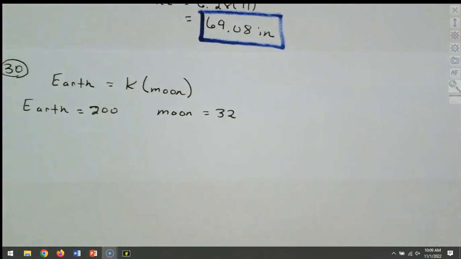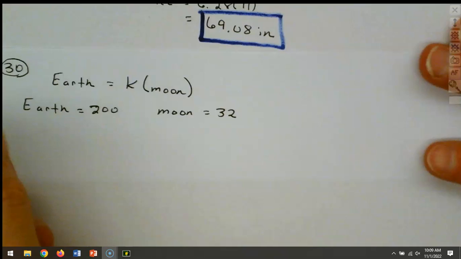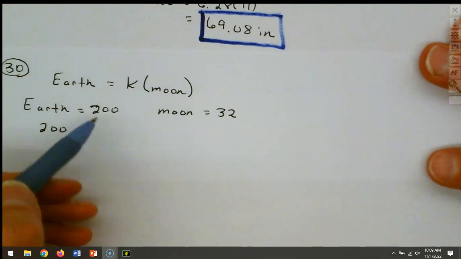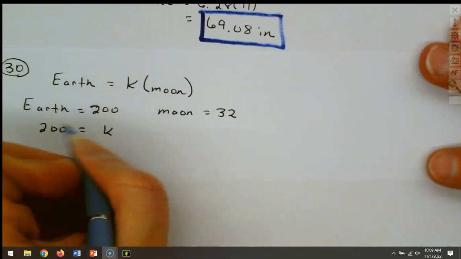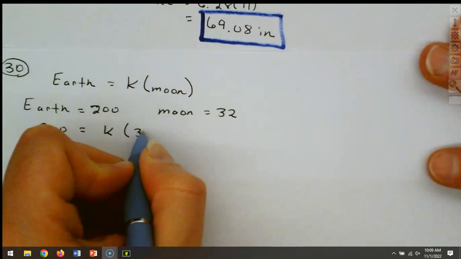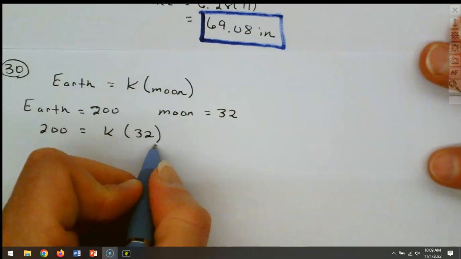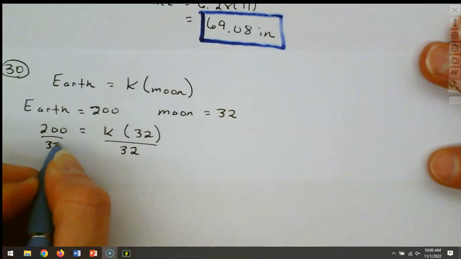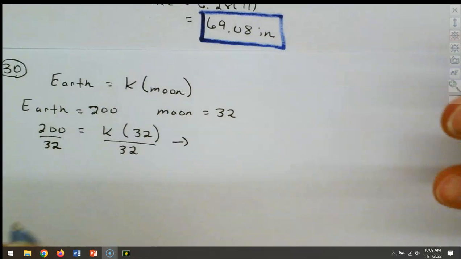So that's what we need to do. Set up our ratio. We can use the Y and the X, but I think it's confusing, and students get all mixed up. So I would rather write it out in words, plug the words in, and make our formula off of that. I think it's way, way less confusing. So Earth is 200, K times the moon, which is 32, and we're going to divide by that 32. We're going to see how far we can reduce this down.